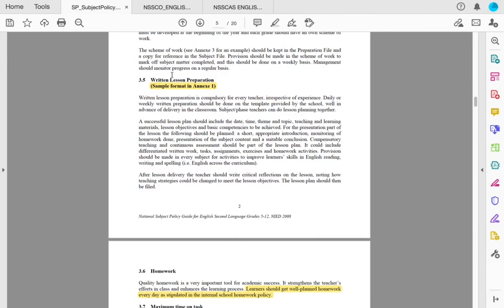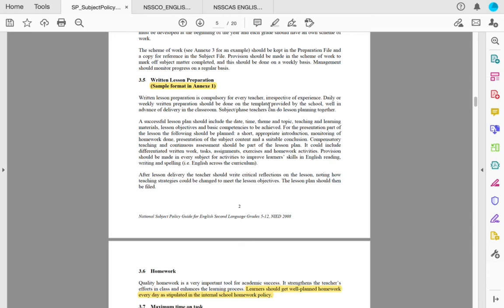And then we have the written lesson preparation. These are the lesson plans. They say it's compulsory for you to write up a lesson plan before you go to class. That could be daily or weekly, depending on how you plan.